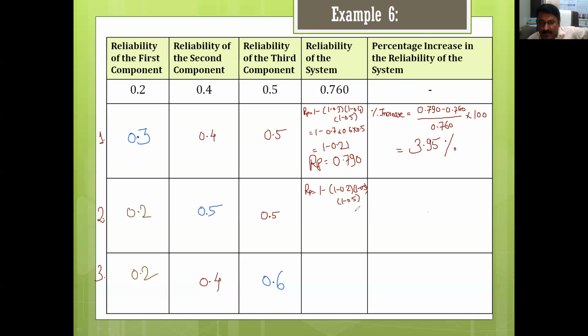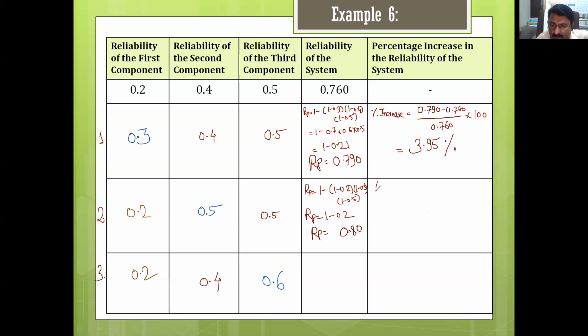Okay. So in this way you have to proceed: 0.25 into 0.8, so it is becoming 0.2. 1 minus 0.2. I will say 1 minus 0.2. So you will get RP is equal to 0.8.